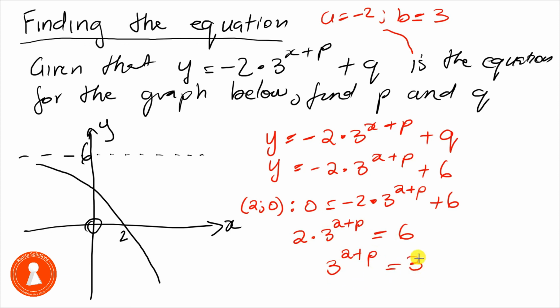Now, this is 3 to the power 1, obviously. So we have 2 plus p equals 1. What does it mean, therefore? It means that p equals negative 1. And then we are sorted.